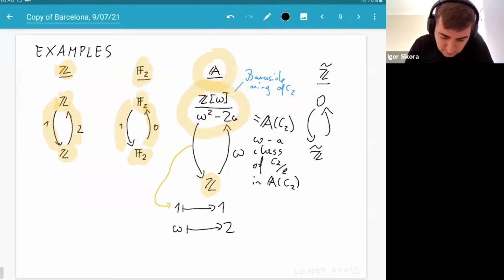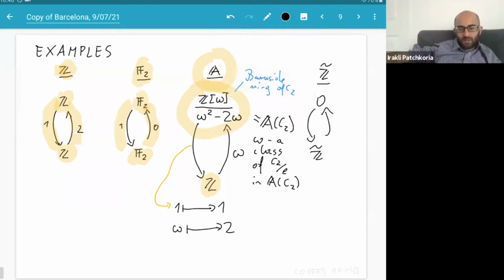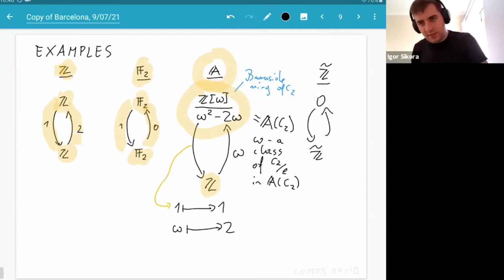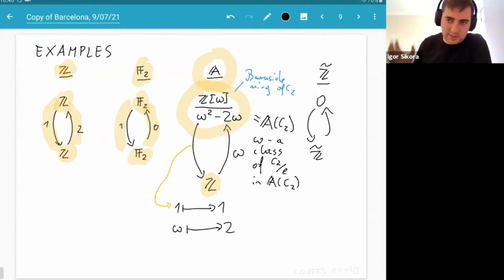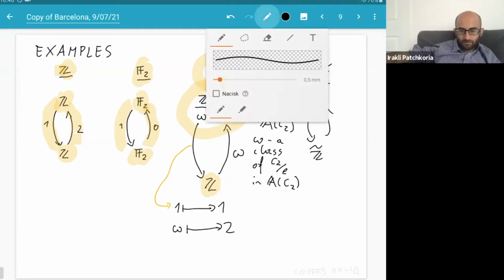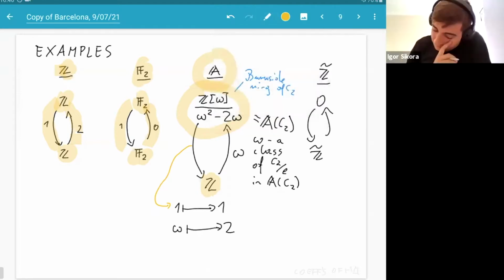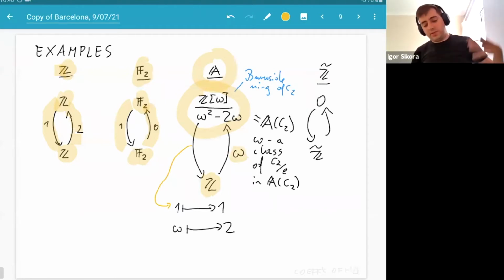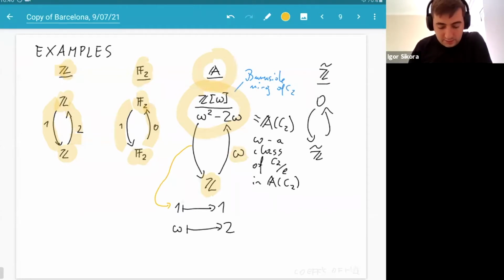Sorry. Yeah, and then I think the transfer is just multiplication by omega, because then the restriction is just sending omega to 2, so that's fine now. Okay. So the transfer is given by multiplication by omega, and the restriction is given by the identity on the class of 1, and by sending omega to 2.